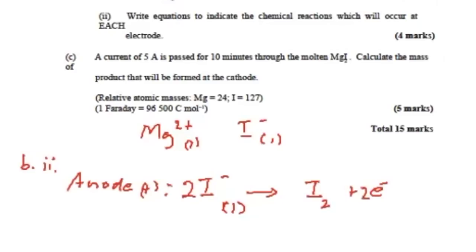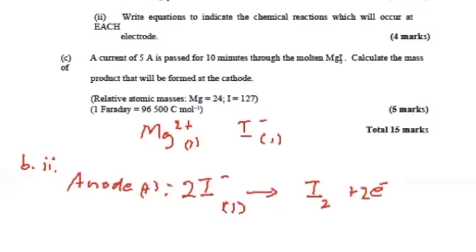We would get the iodine coming off as a gas, right? Electricity is flowing, will break down the bonds between those iodine molecules. Those are weak intermolecular forces, so we'd get iodine coming off as a gas. All right, so that's what's happening at the anode.